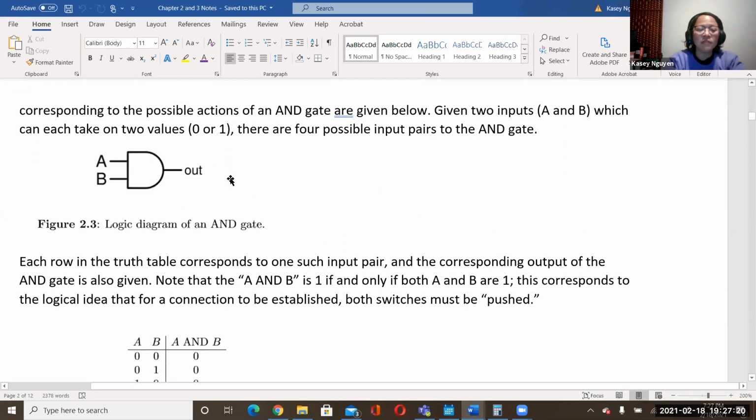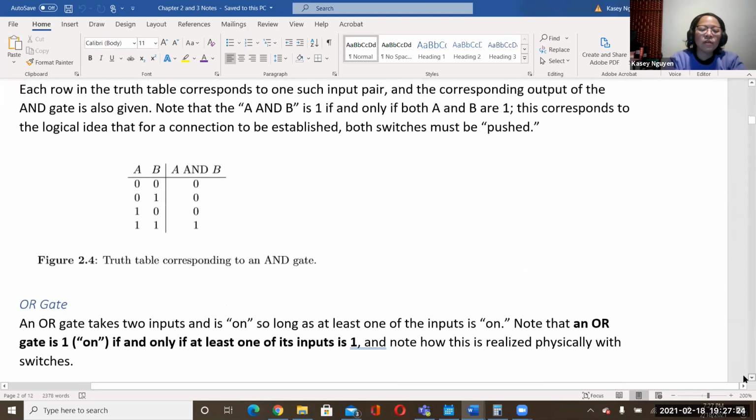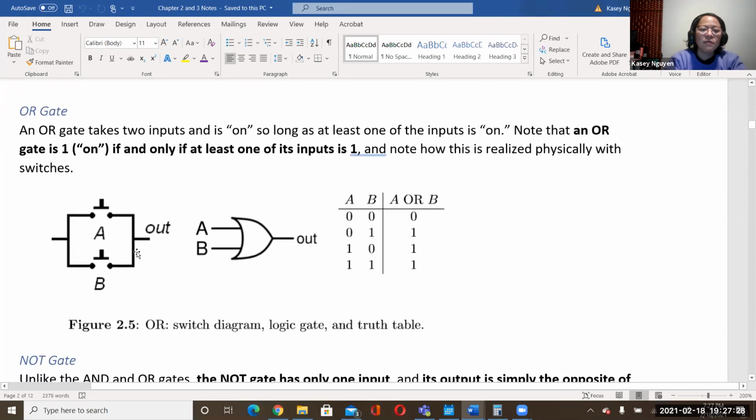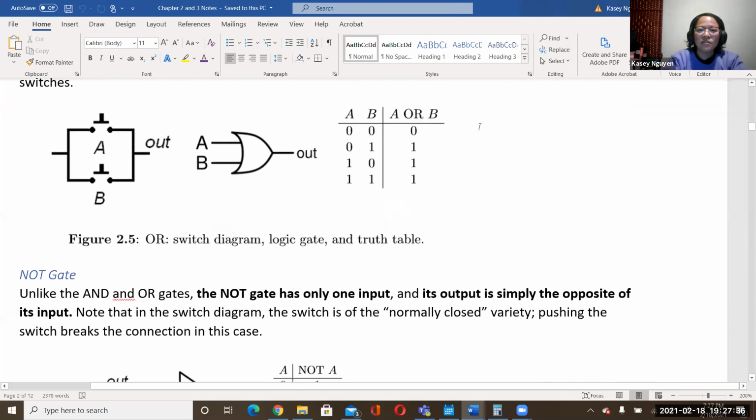For our exercises, see how the OR opens, and for the AND it closes. For the purpose of exercises, all we care about is those tables.